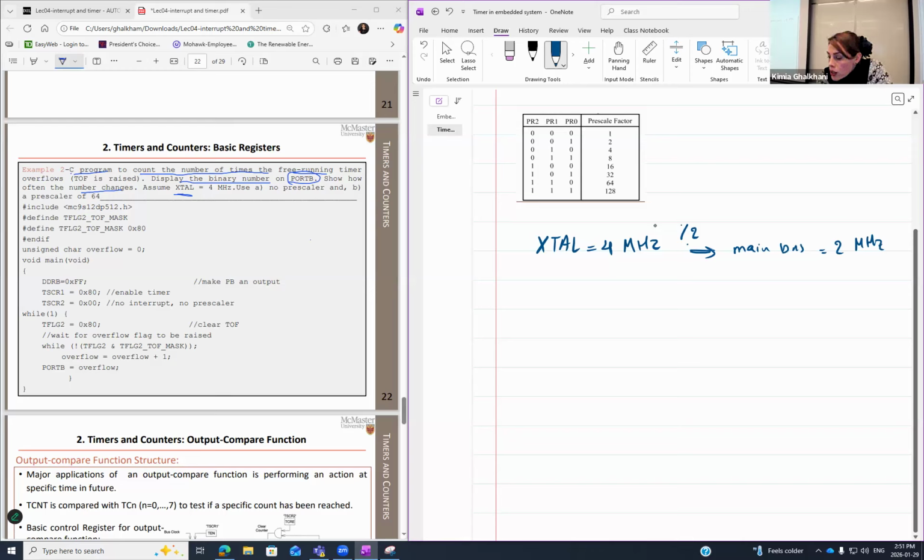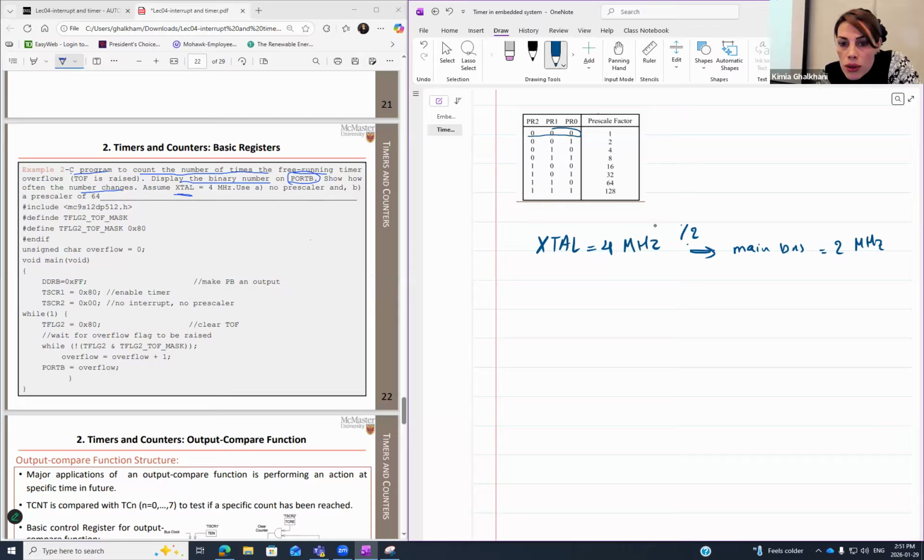For the prescaler, I have to select it. If all of them are 0, the prescaler is going to be 1. Therefore, I'm going to say my prescaler is 1, so I'm going to divide this one by 1. Therefore, I'm going to have 2 megahertz for the timer frequency.